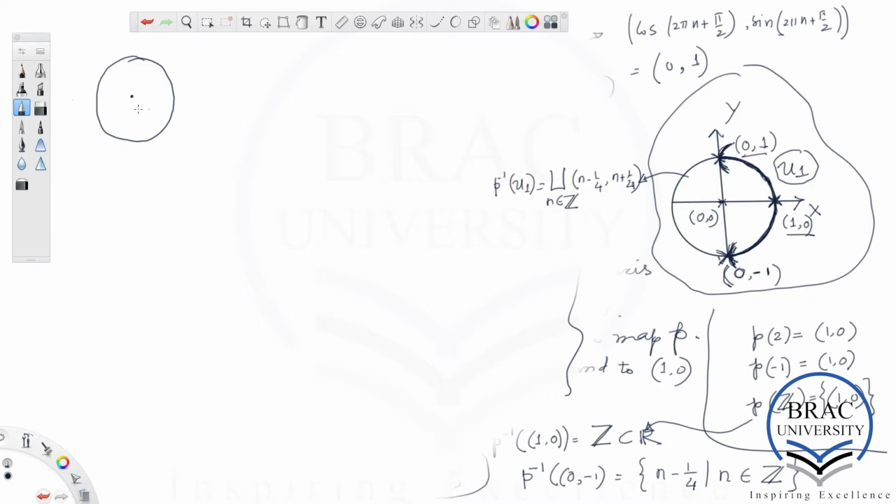Similarly, you should be able to see that when you have this open arc, which we denote by U4, you can take the pre-image of U4 under the map P and have it to be the disjoint union of these intervals n + 1/2 to n + 1.